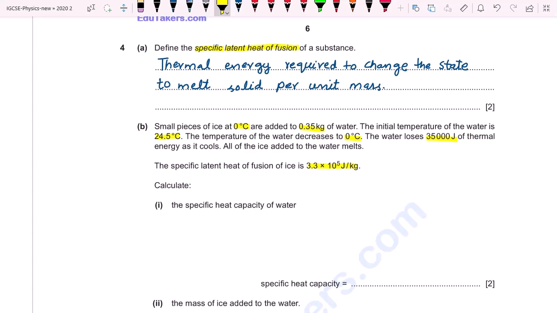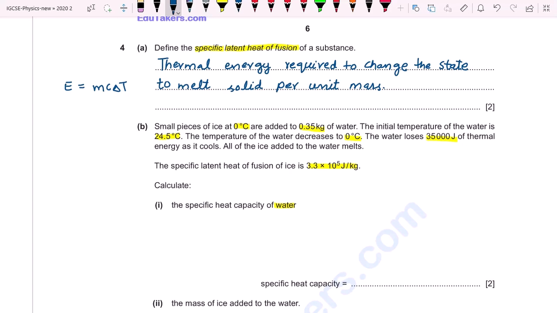We have to calculate part 1, the specific heat capacity of water. So here we have to calculate the specific heat capacity of water. That's why we use the data that is related to water. So, as we know that energy E is equal to mc delta T. Here m is the mass of water, C is the specific heat capacity and delta T is change in temperature for water.